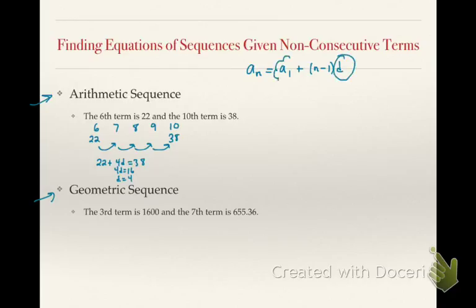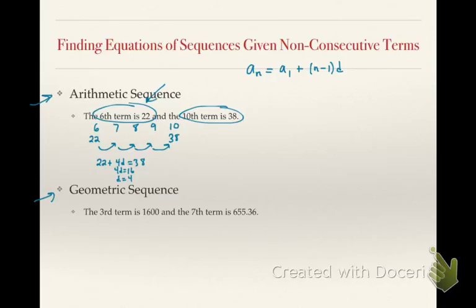I just need to find out what the first term is going to be. To do that, I'm going to use whichever term I want, either the 10th term or the 6th term, coupled with the common difference we just found. For some reason, the earlier term in the sequence is usually what I go to first, but you could use the 10th term, 38.